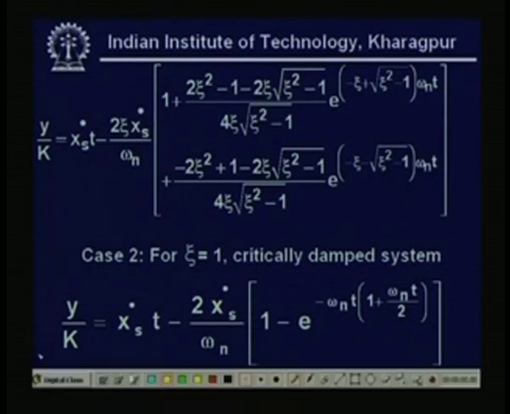You can see here these are all unitless, because xs dot times t, and omega n is also radians per time. So these all become unitless. You can see that the transient term will die out because of the negative exponential factors. Here also, whereas in the case of underdamped systems, you will find it is something different.